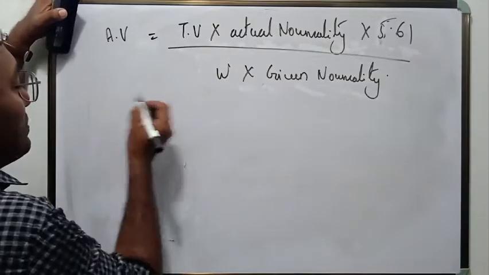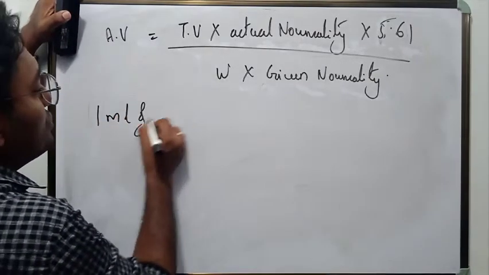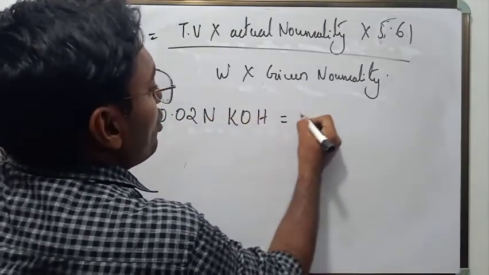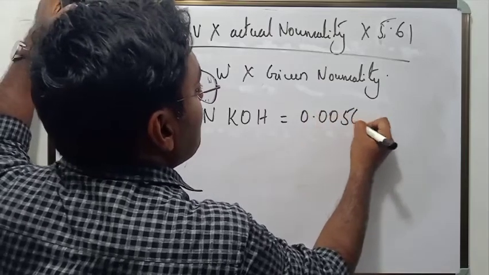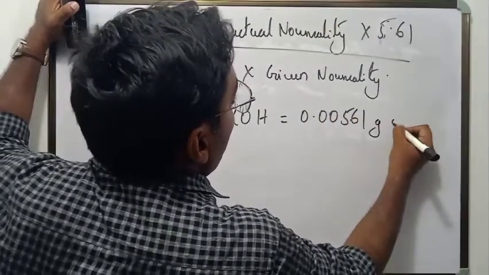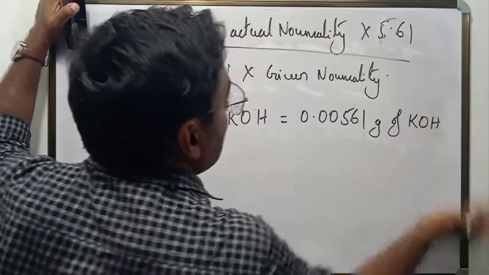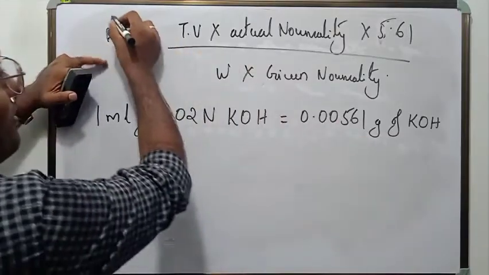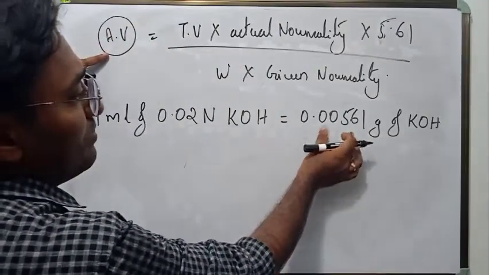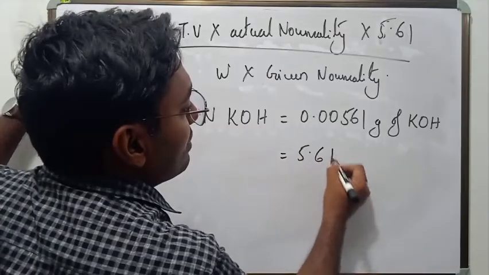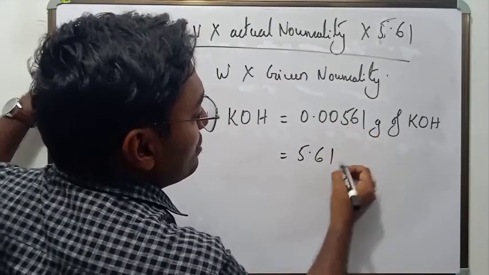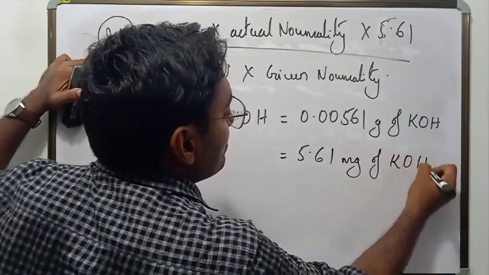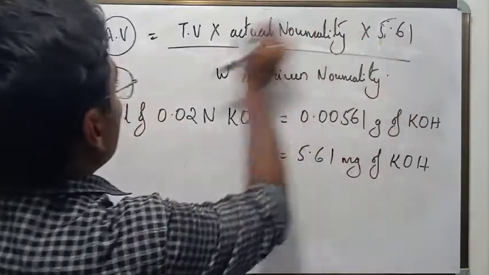That equivalency is 1 ml of 0.02 normal KOH is equal to 0.00561 gram of KOH. Now this is in gram, and we need it in milligram, so you convert it: 5.61 into 1000, and you get it in milligram of KOH.